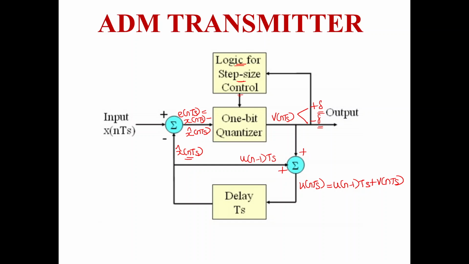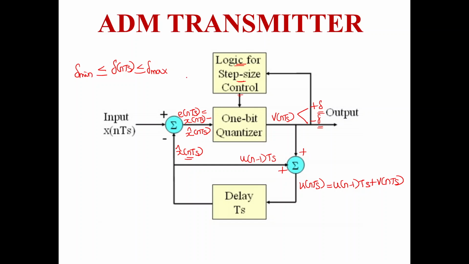Mathematically, the equations have been written for the step size. Del of nTs is the step size variation. The minimum limit and the maximum limit for the step size are del min and del max.